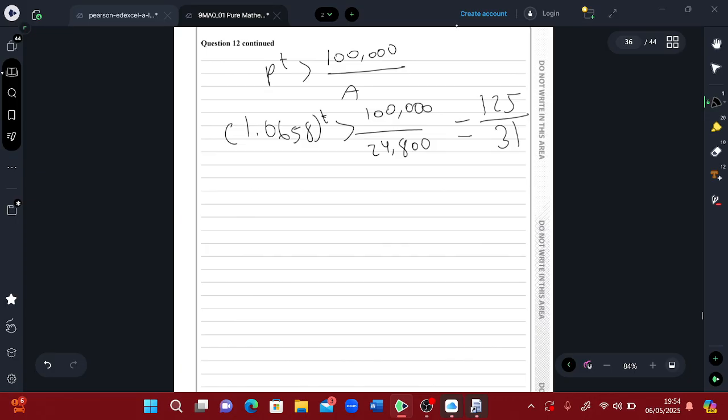Now we have it in the form a to the t is another number: a number to the power of the variable is a number. So we can just use logs here.